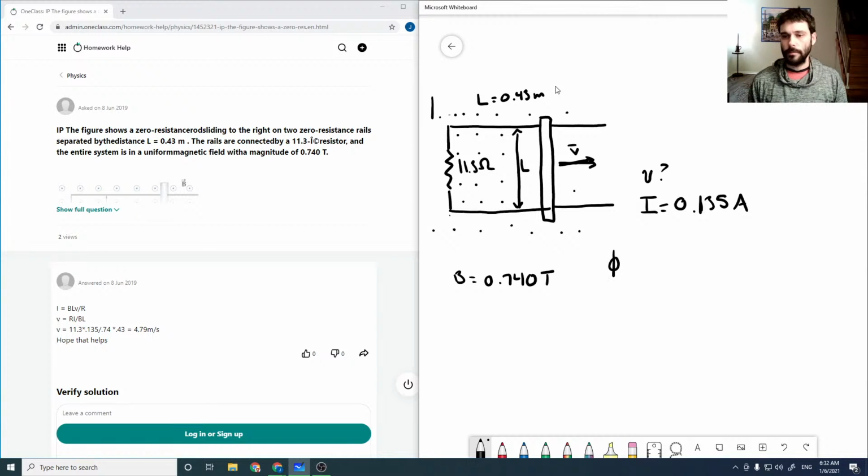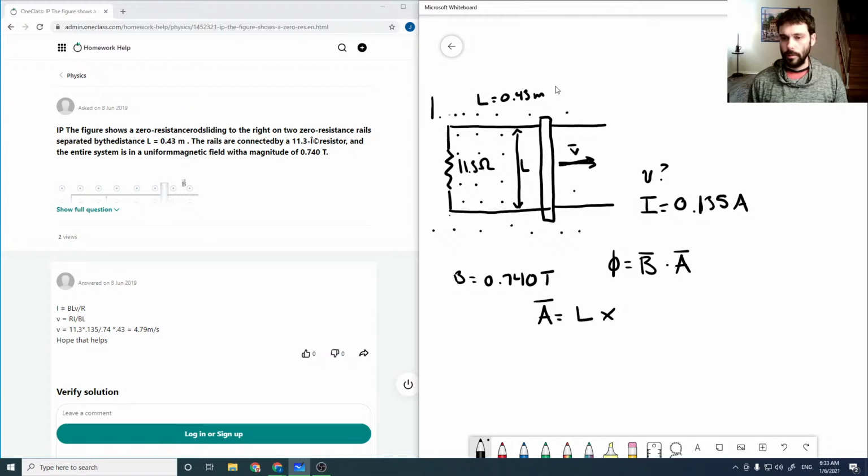Our flux is our B field dot our area, where the area is just L, our distance here, times x, our x coordinate.